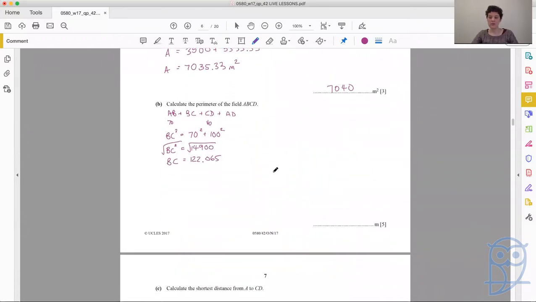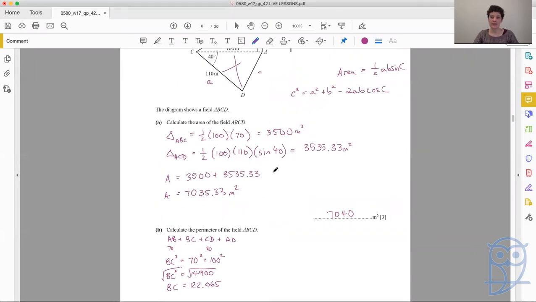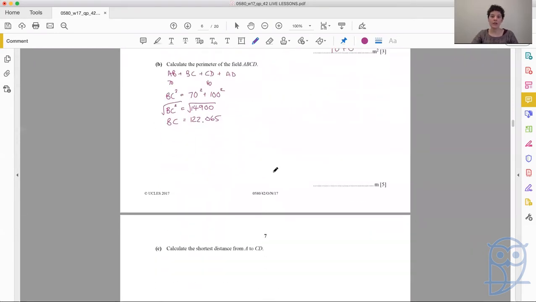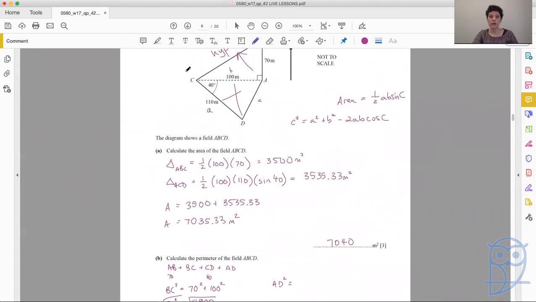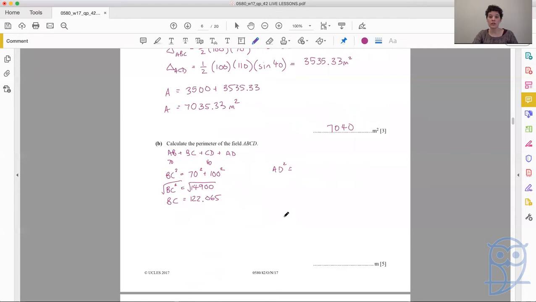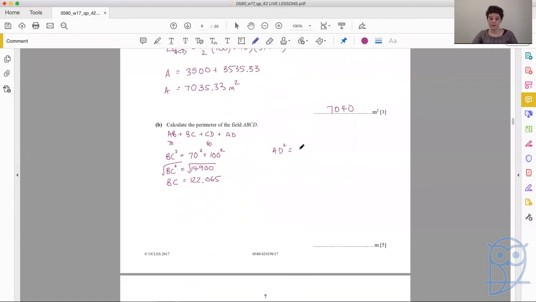So we know that AD squared equals, our sides are 100 and 110, our angle is 40. So it would be 100 squared plus 110 squared minus 2 times 100 times 110 cos of 40.